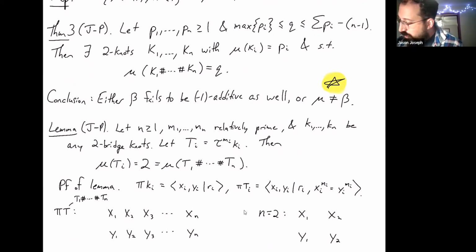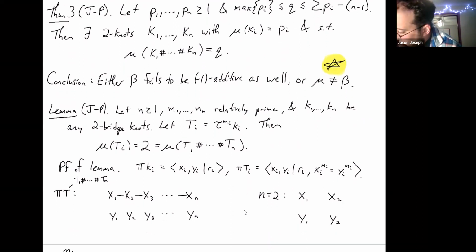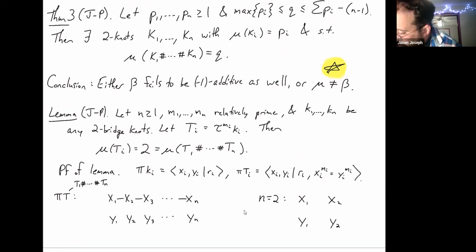So the usual thing is just to amalgamate all the X's, and then call that X, and then X and Y1 up to Yn definitely generate. But that's n+1 things, and we want it to have 2.